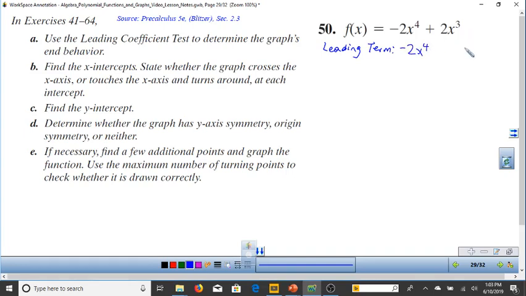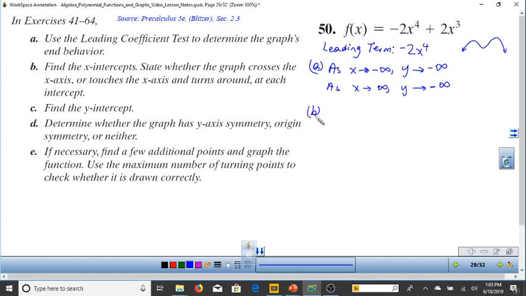So we know that the graph is going to open downward and it's going to have at most 3 turns. So the end behavior as x approaches negative infinity, y approaches negative infinity. And as x approaches positive infinity, y approaches negative infinity. Same end behavior at the ends because it's an even degree polynomial.